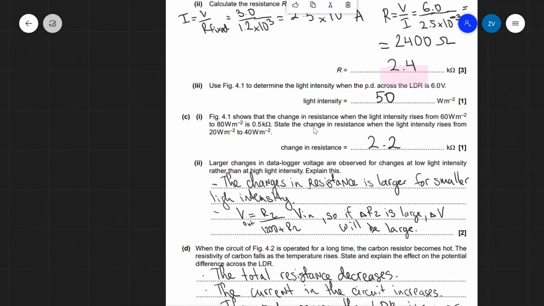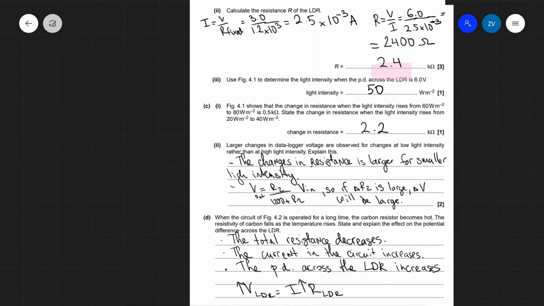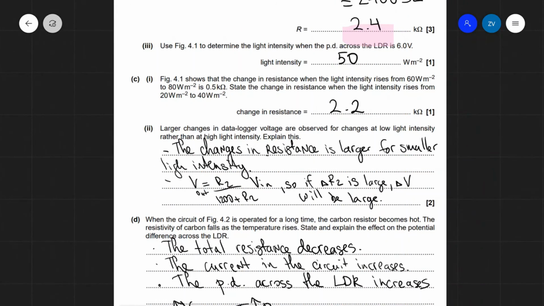Okay, next one here: larger changes in the data logger voltage are observed for changes at low light intensity rather than at high intensity. Explain this. Okay, well, this is relatively straightforward. First off, we notice that the change in resistance is larger for smaller light intensities. In fact, they've actually spelled this out for us in the question, which is incredibly useful.